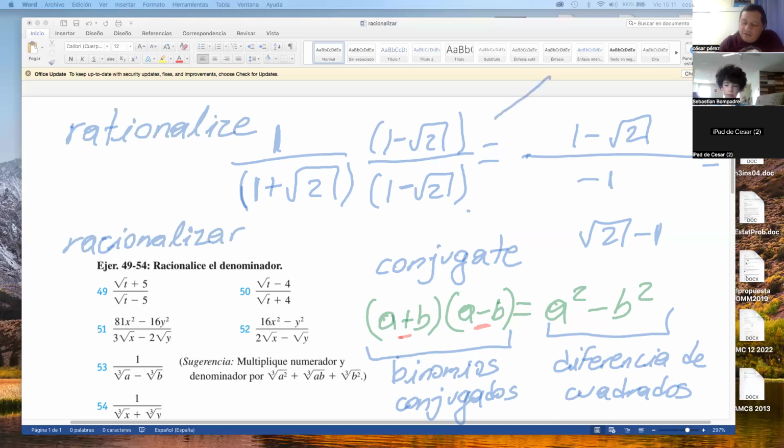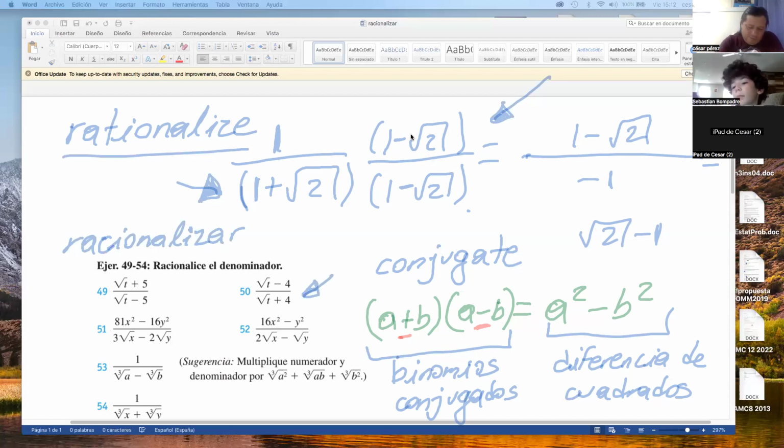If we do this, we will get rid of one of the roots. Usually, we don't want square roots in the denominator, but sometimes we need to get rid of them in the numerator. Every time that we have a square root in the denominator, we need to rationalize.